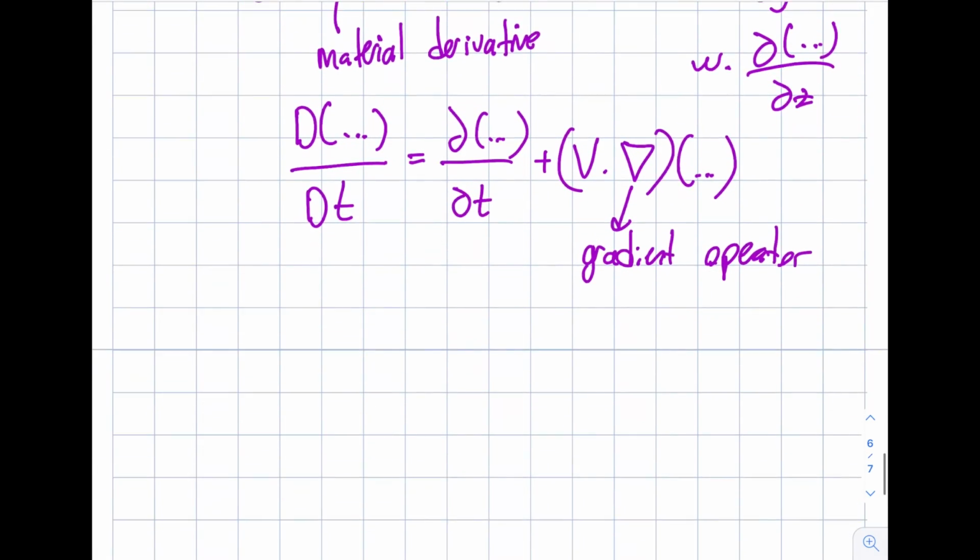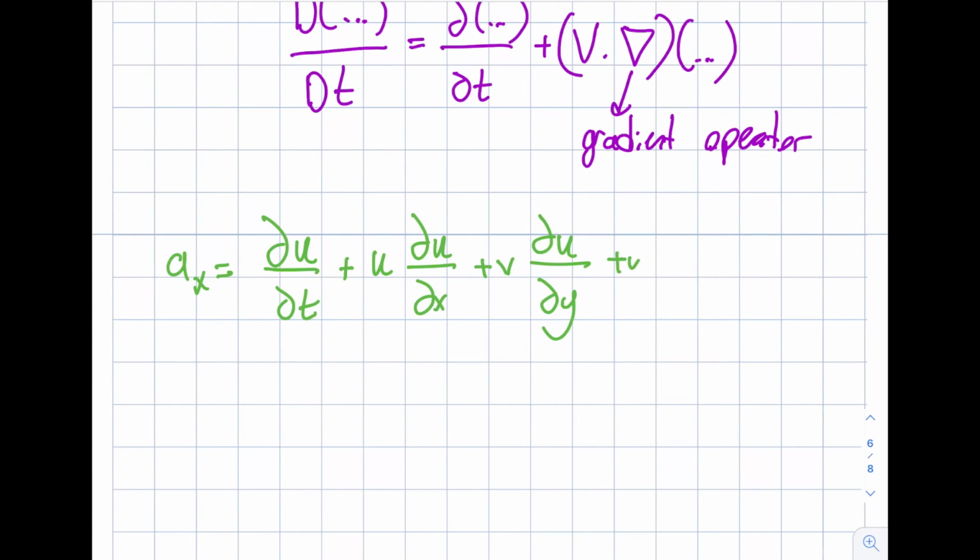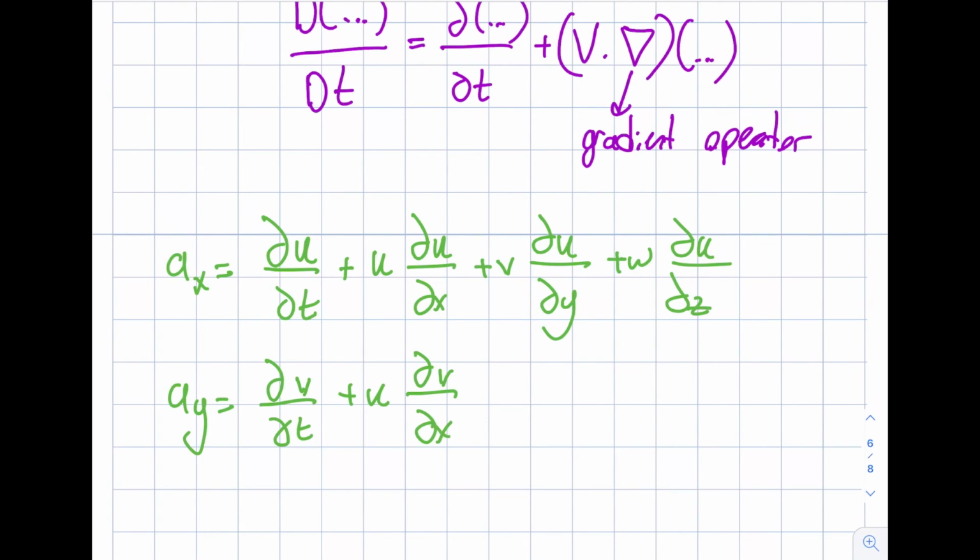Let's write the components of these accelerations. Let's call this ax, which will be ∂u/∂t plus u ∂u/∂x plus v ∂u/∂y plus w ∂u/∂z. ay, on the other hand, will be ∂v/∂t plus u ∂v/∂x plus v ∂v/∂y plus w ∂v/∂z.